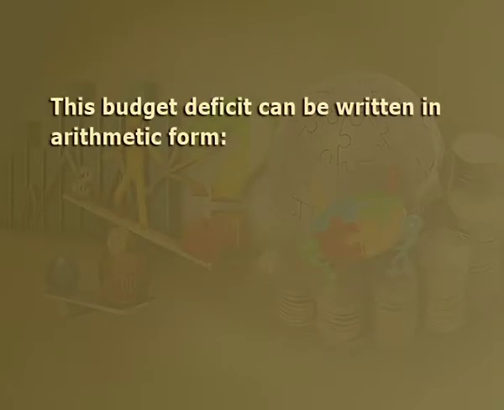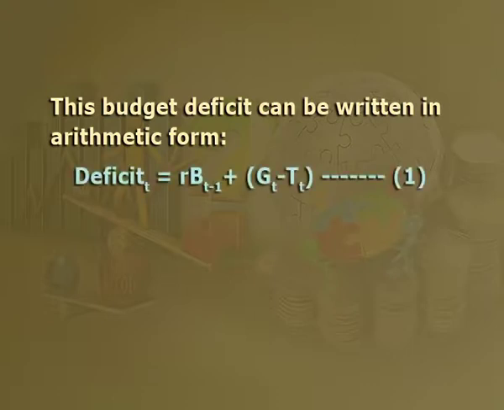This budget deficit can be written in arithmetic form. Deficit is equal to rB_(t-1) plus G_t minus T_t. This is equation 1.